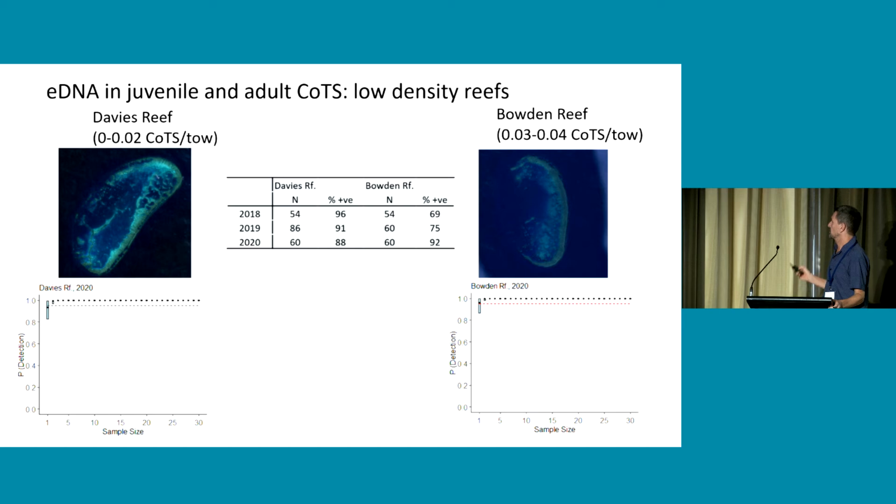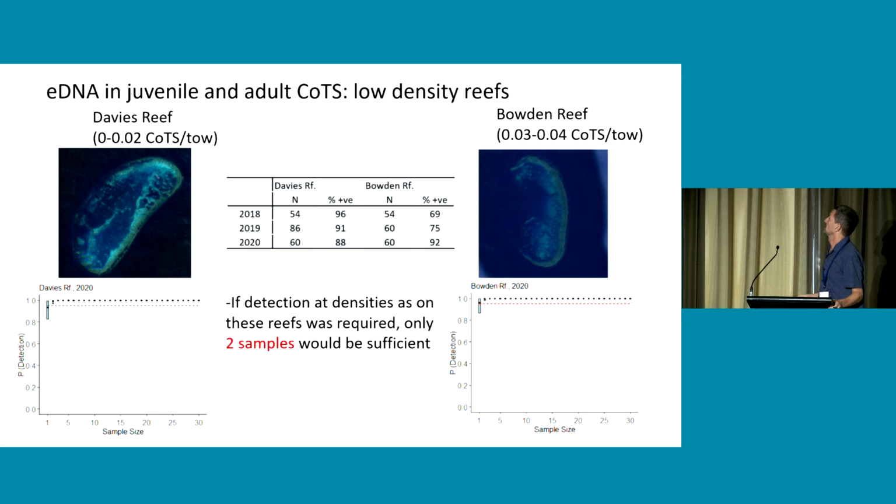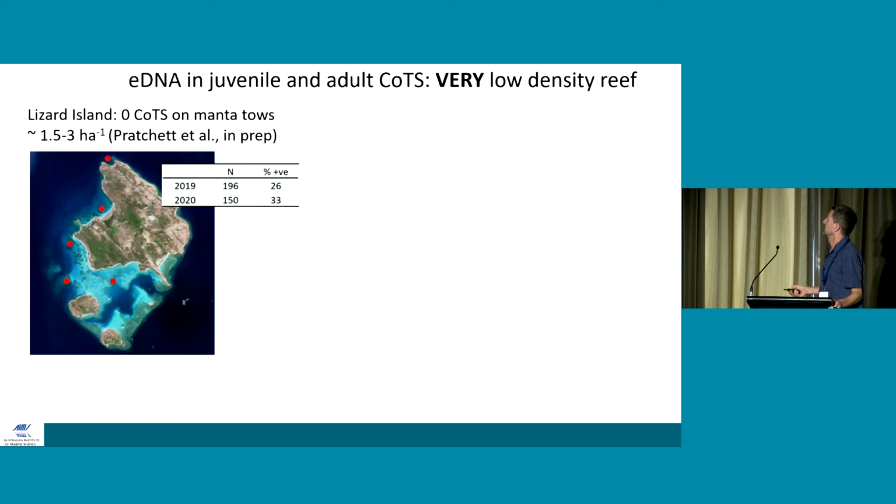What's really quite surprising to see, if you're looking to detect COTS on reefs like these two non-outbreak reefs, you would actually only need 2 individual water samples to find that there's positive COTS above detection levels.